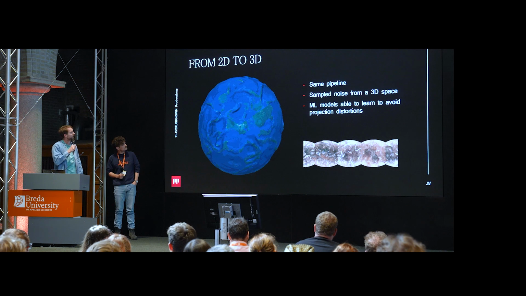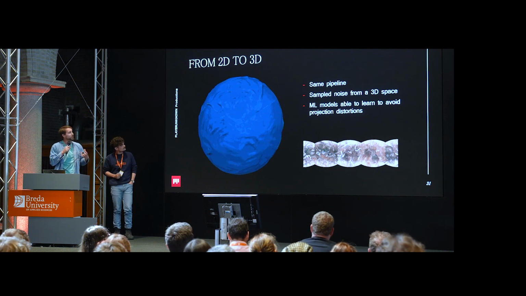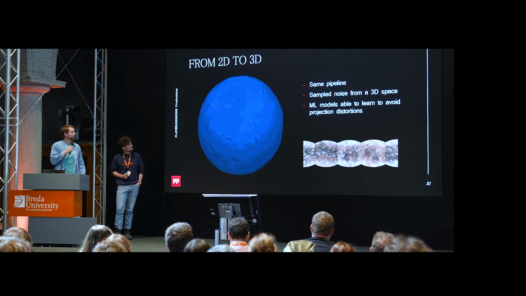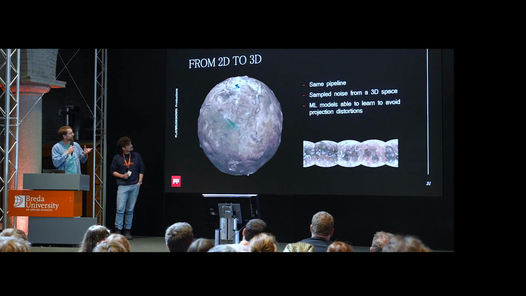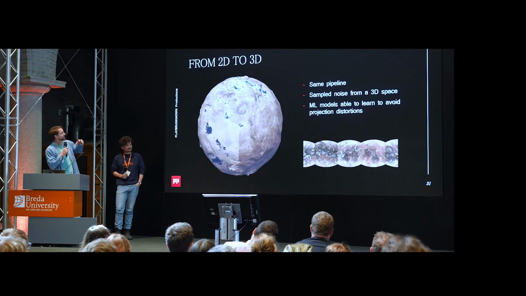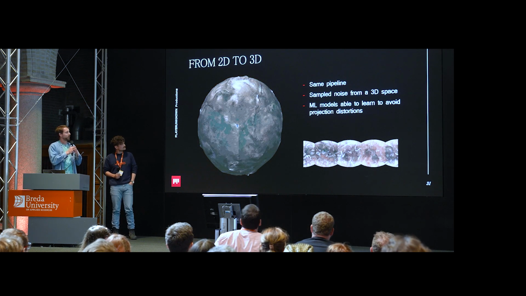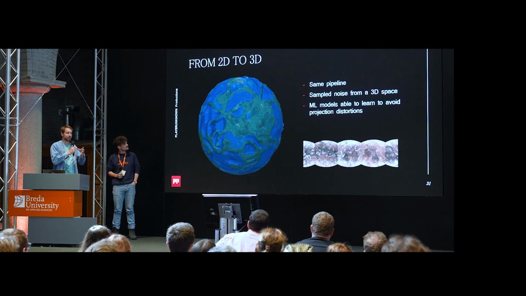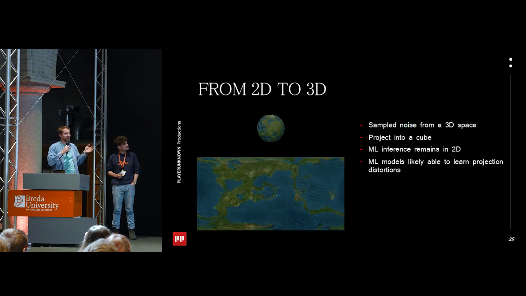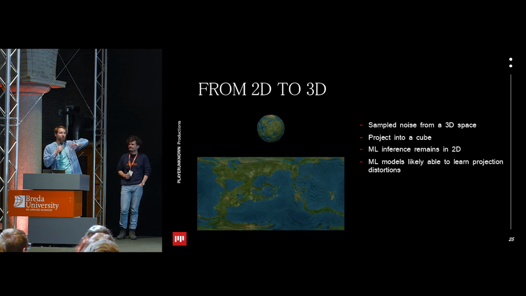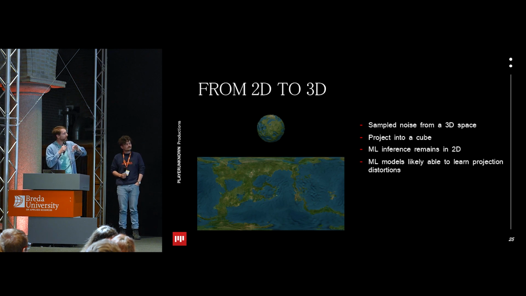So finally, here are some results from last week. We've been experimenting using the same pipeline, which is hopefully one of the advantages of machine learning. If we sample the noise from a 3D space, then project it onto a sphere, and then project it back onto the cube, our noise is distorted in the same way it would be if you had mapped a sphere onto a cube.